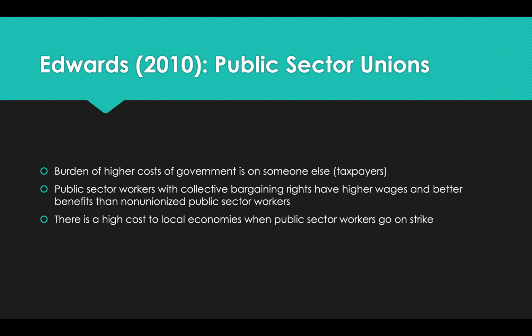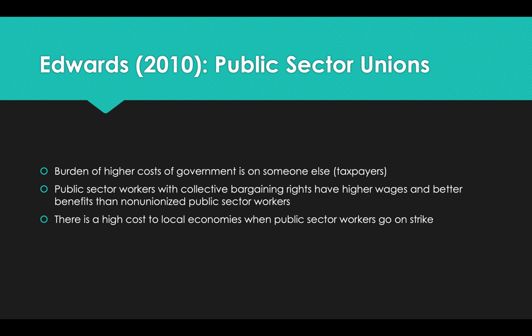And one of the other things that Edwards points out is that there's a high cost to local economies when public sector workers go on strike. So think about the burden on local economies when people have to stay home with their kids because the teachers in Chicago are on strike, and that is pointed out here in the Edwards piece.